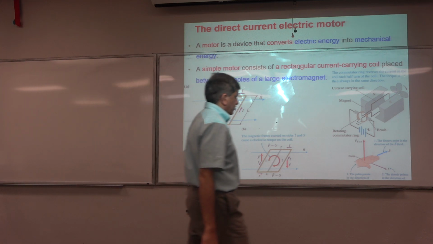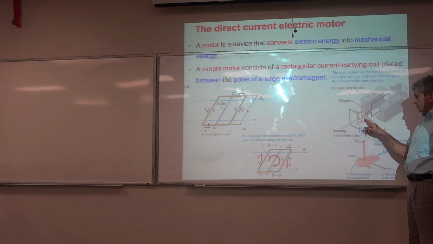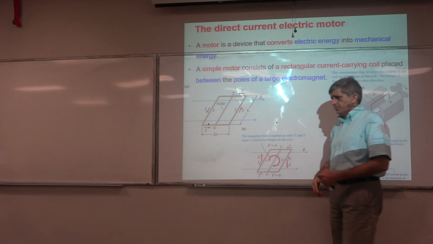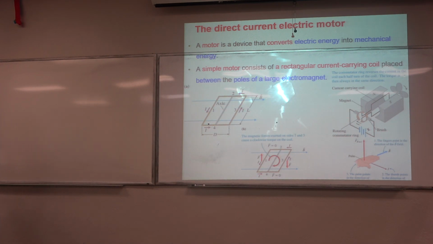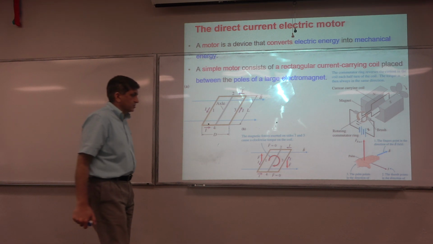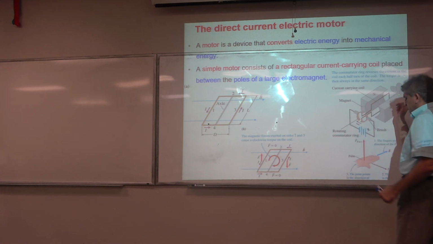You provide the electric current to one end of this wire loop, and on the other end you can hook up some machine so that it will rotate, like a fan or motors or whatever. This is all in your kitchen, okay? So this is the electric fan which rotates.